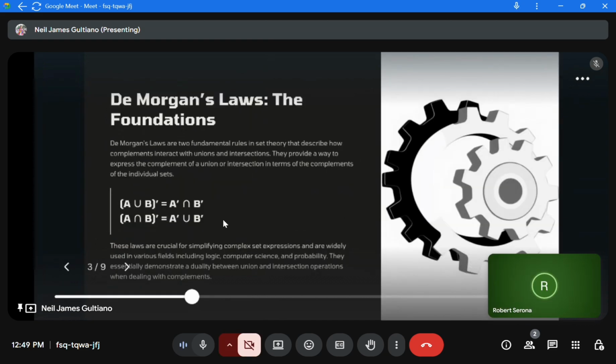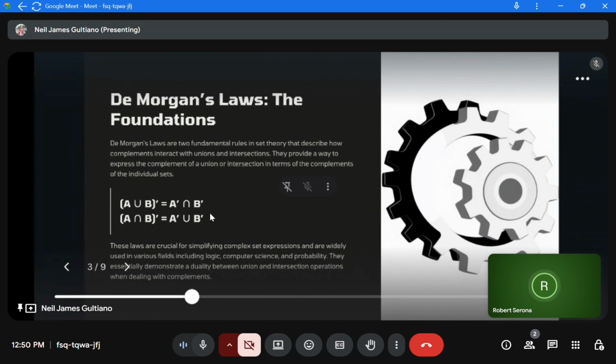Let us begin with De Morgan's laws, which are two fundamental identities in set theory. These laws describe how complements interact with union and intersection. The first law states that the complement of A union B is equal to the intersection of A complement and B complement.